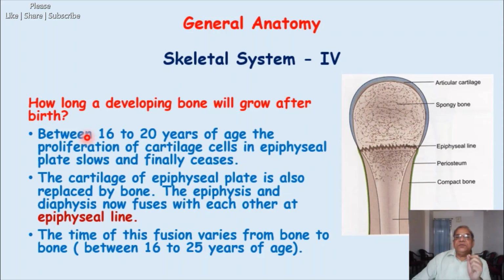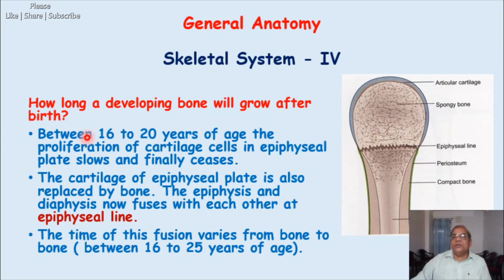The epiphysis and the diaphysis will now fuse as soon as the epiphyseal plate is replaced by bone, so that the bone of the primary center, the diaphysis, and the bone formed by the secondary center, the epiphysis, come and fuse with each other.